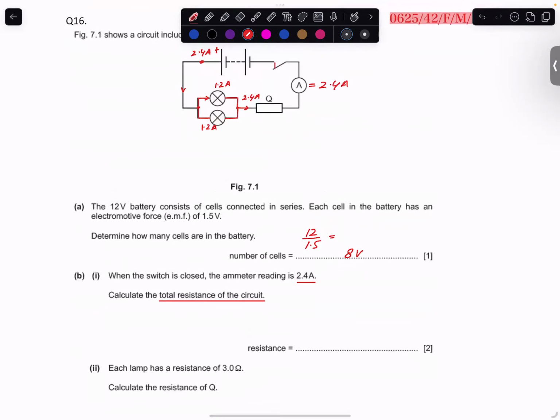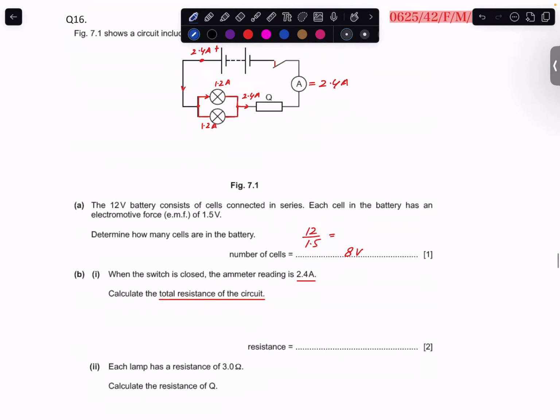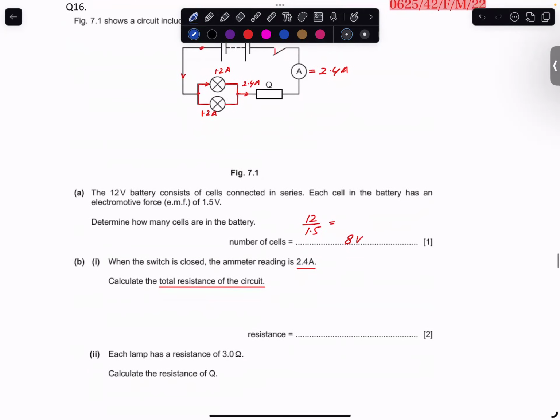To find out the total resistance of the circuit in part B, we need the total voltage as well as the total current. To find the total resistance of the circuit, I need the voltage as well as the current. So I think I have both values.